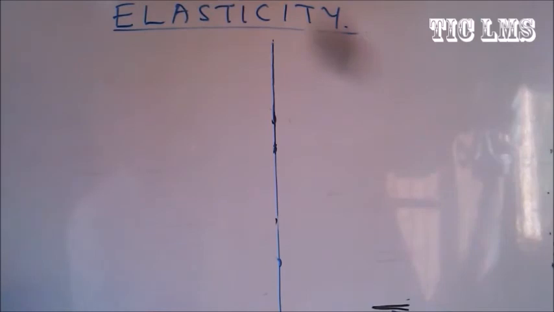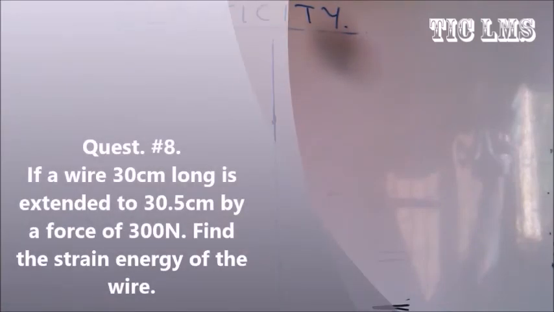Next question says that if a wire 30 centimeter long is extended to 30.5 centimeter by a force of 300 Newton, find the strain energy of the wire. Simply put, what is the work done to extend the wire?